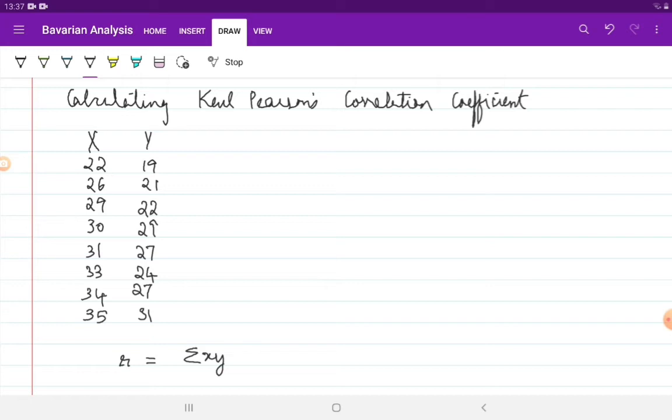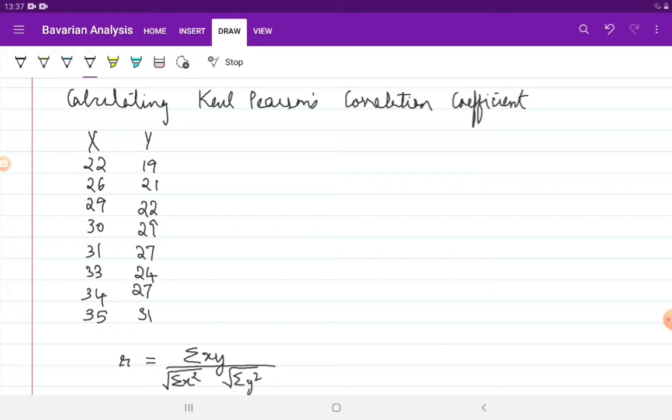So small x is x minus x bar, small y is y minus y bar, divided by root under summation x square, and root under summation y square.